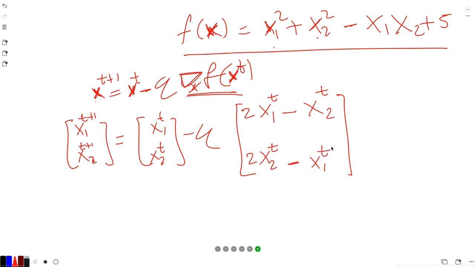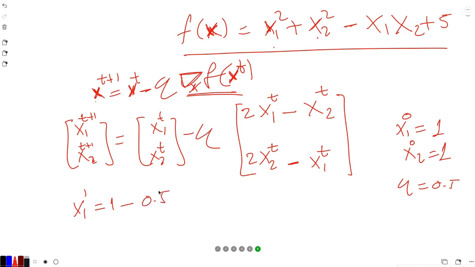Okay, let us start. For example, if we start with x1 at 0 equal to 1 and x2 at 0 equal to 1 as well, how will this be done? So x1 at time 1 equals x1 at time 0, because this is t plus 1 and this is t. At time 0 it is 1, so it will be 1 minus, let us take eta equal to 0.5, for example, 0.5 times 2 times 1 is 2, minus 1.